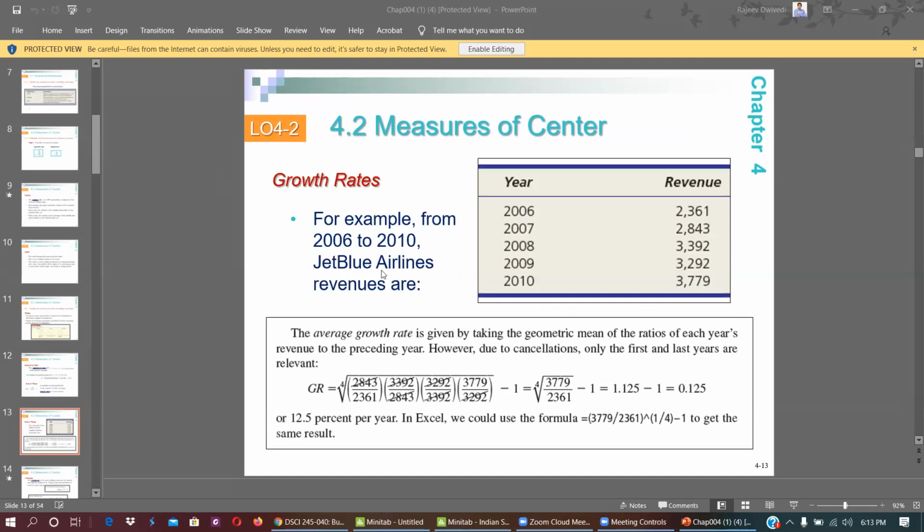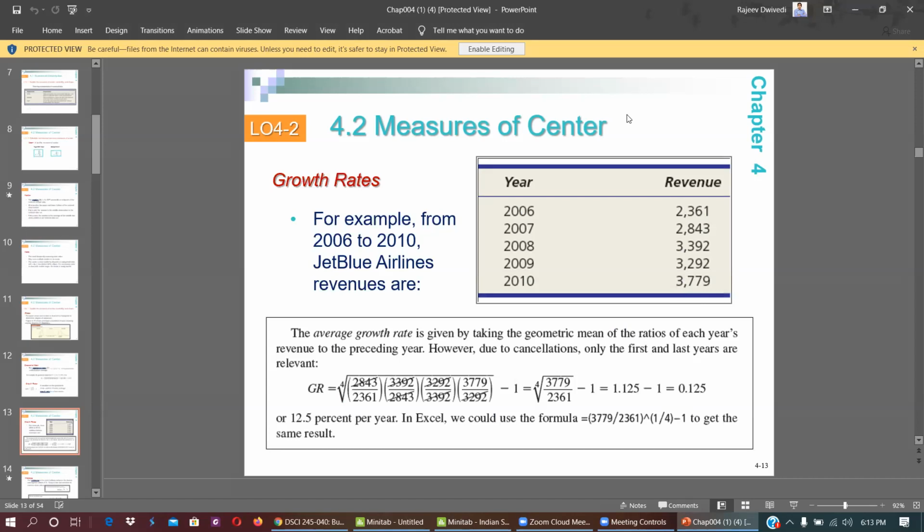from 2006 to 2010, these are the JetBlue Airlines revenues. What is the average growth rate? So what normally people do is this plus this plus this plus this plus this divided by 5. No, that is not the case.